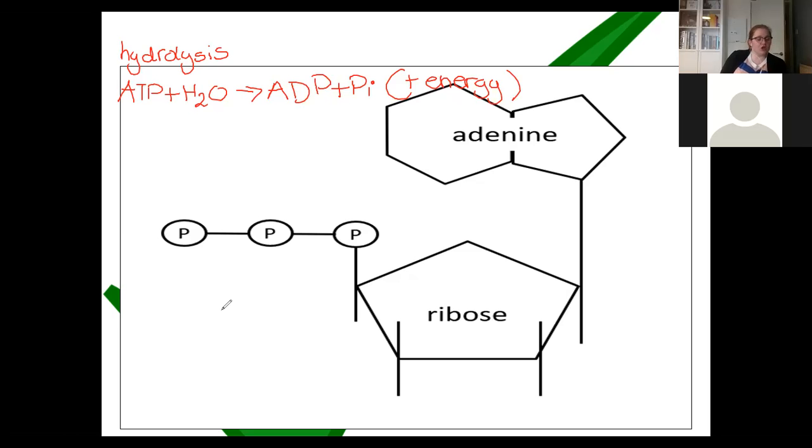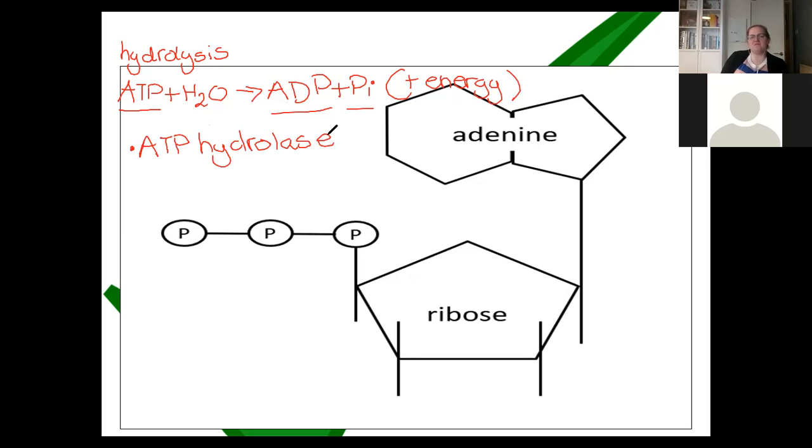And this is our official equation for this. Adenosine triphosphate, so ATP, becomes adenosine diphosphate plus an inorganic phosphate group, Pi. This happens by an enzyme called ATP hydrolase, and this uses a water molecule.